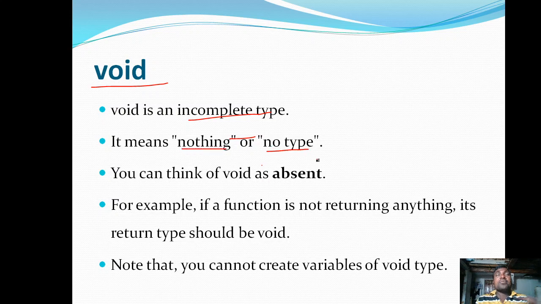If a function name is preceded with void, it is returning nothing. You can think of void as absent. For example, if your function is not returning anything, its return type should be void.